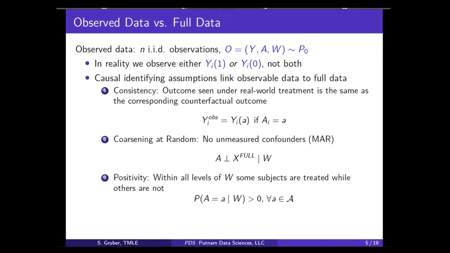So if all these three things are true, then we can go from the data we actually have to the Y, A, W for everybody, and we can get back to that counterfactual data, or the full data set.